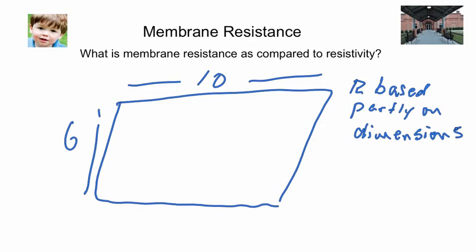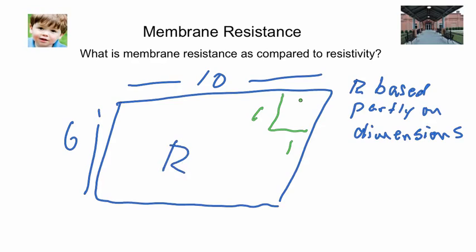Now the idea of resistivity is to get rid of the dimensions. So you say to yourself, suppose we had some of this membrane, and suppose that the dimensions of the part that we were measuring were just 1 unit in each direction. 1 and 1. So if we want to do this with notation, we might say R is the resistance of the whole sheet.